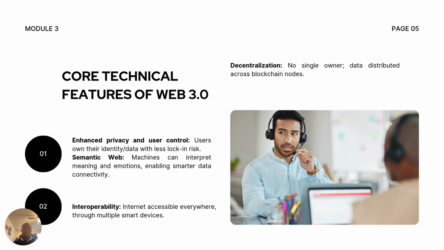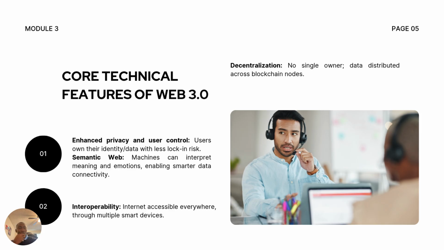So users own their identity and data, and there is less lock-in risk. Because we know that in Web 1.0 and Web 2.0, the privacy component of those platforms or technologies was not as advanced as the Web 3.0 that is currently being introduced. So we expect to have enhanced privacy and user control.